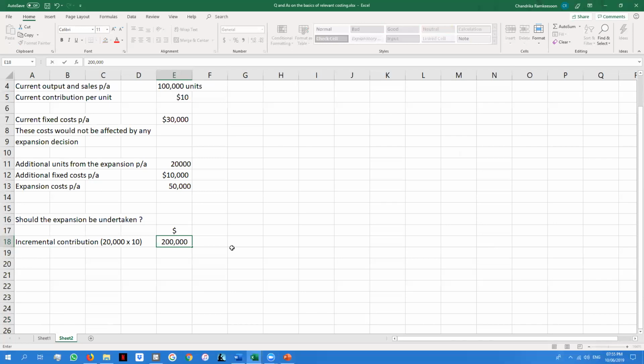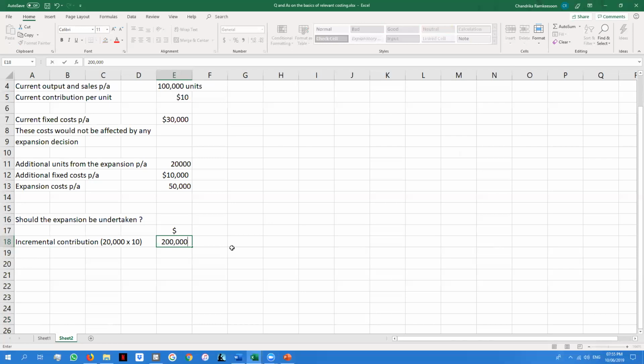But against that, XYZ needs to consider costs which will be incurred, which are specific to the decision. Now again, there's no need to consider the current contribution, because the current contribution is going to remain the same. That is what is being assumed.